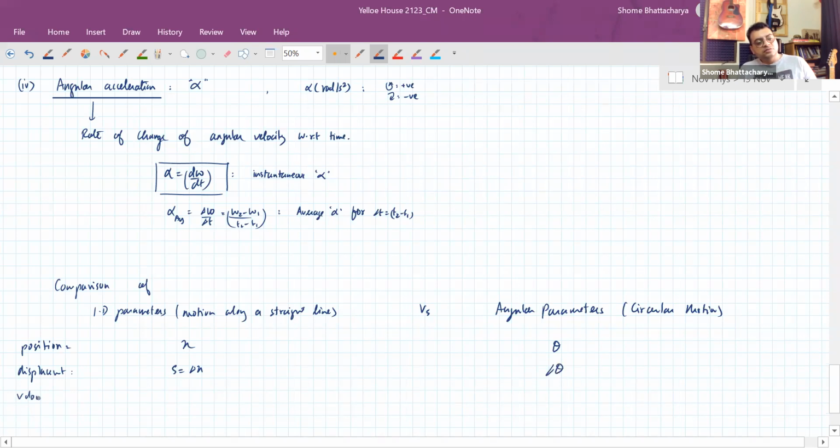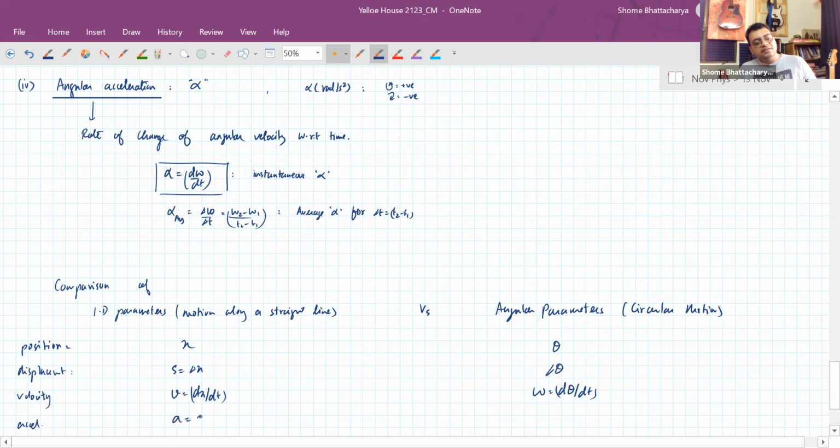Then velocity is defined as rate of change of linear position with respect to time. Here we have angular velocity, which is this. And then we have acceleration.